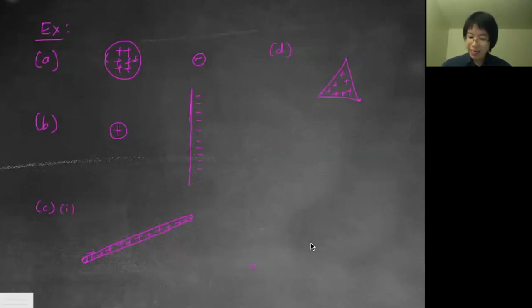Introducing a few jargons, a rod like this is called a line charge because of obvious reasons. A plate like this is called a surface charge or plane charge.